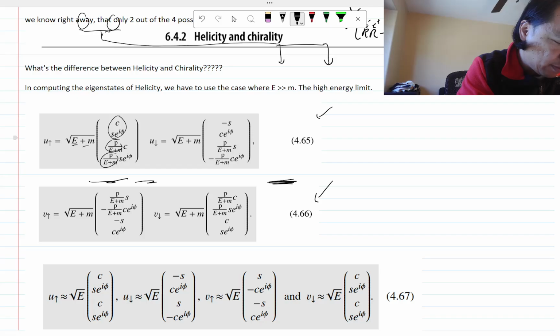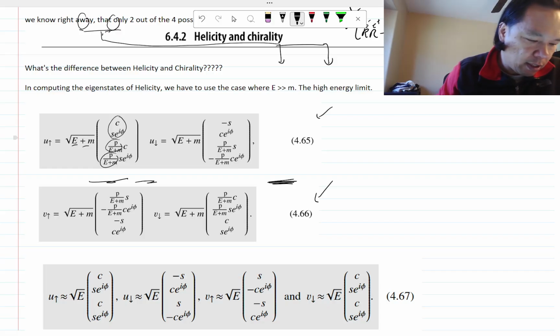For example, for the up helicity, we have cosine, sine, but then you have this P over E plus M in there. So the top half and the bottom half are actually different from each other.